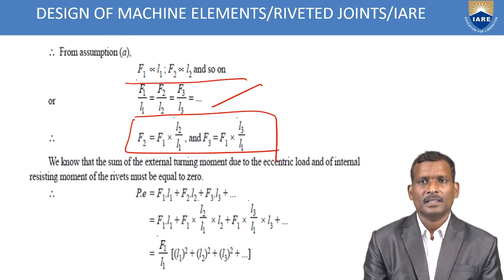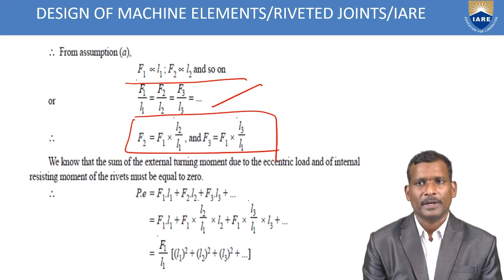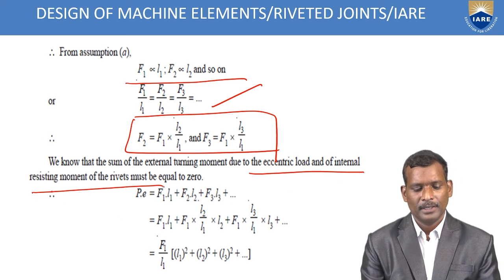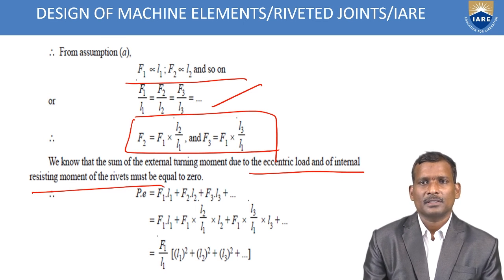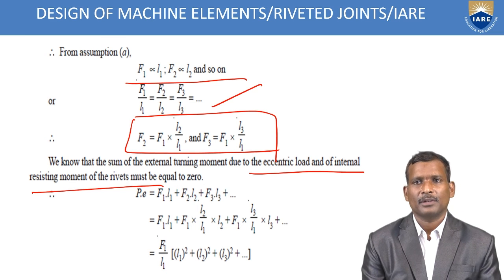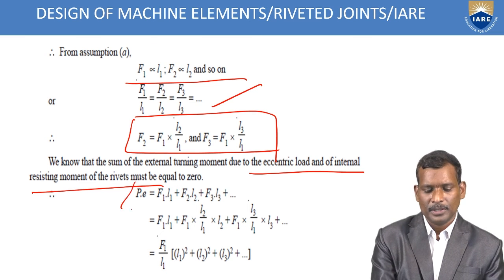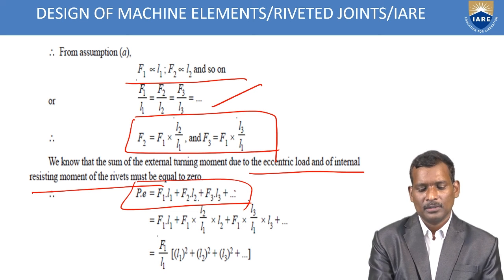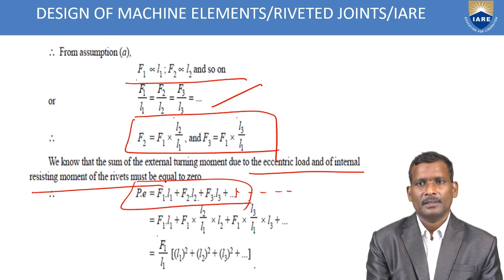So you know that the sum of the external turning moment due to the eccentric load and the internal resisting moment of the rivets must be equal to 0. So that is P into E is equal to F1 into L1 plus F2 into L2 plus F3 into L3 and so on. Clear? So you can write this in terms of L1 square, L2 square and L3 square.